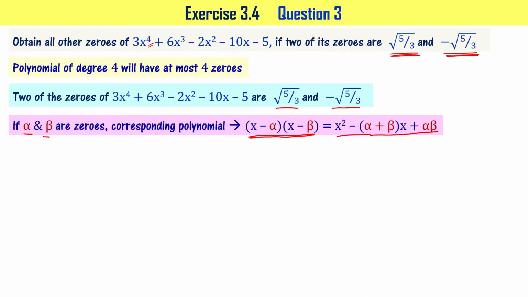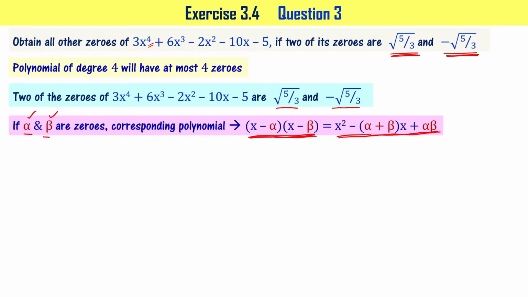When you have two zeros, alpha and beta, the quadratic polynomial can be written as x square minus alpha plus beta times x plus alpha beta, or otherwise we can write it as x minus alpha times x minus beta, right?